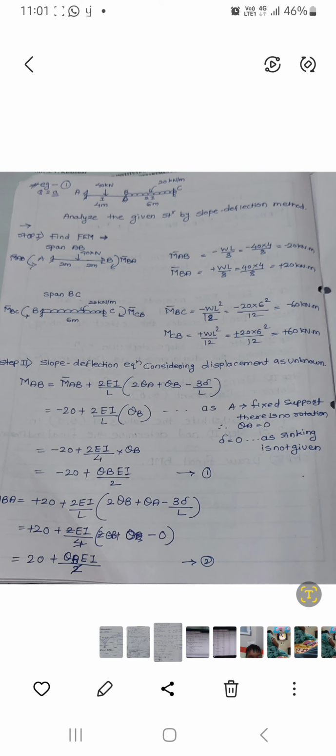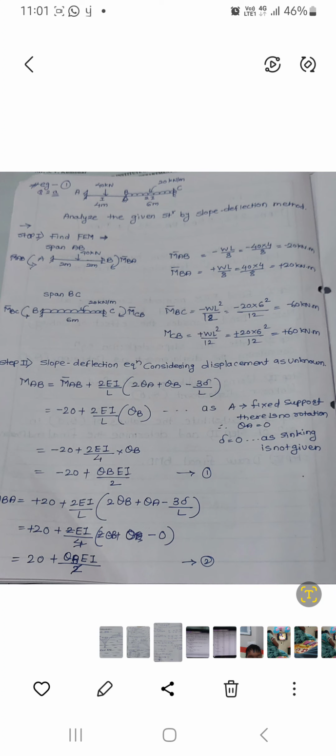Now the second step is we have to consider the displacements as unknowns. So we have to use the slope deflection equation. So what is the slope deflection equation? We have to write the slope deflection equation for each span separately.